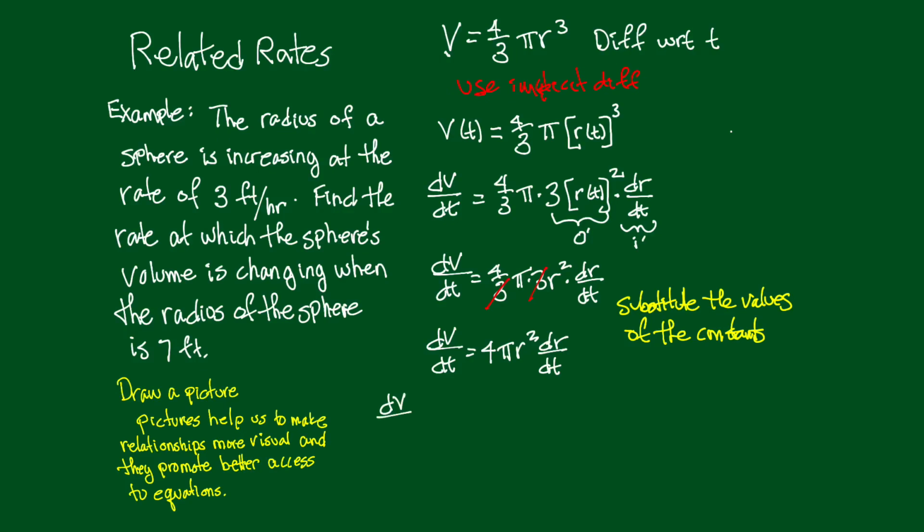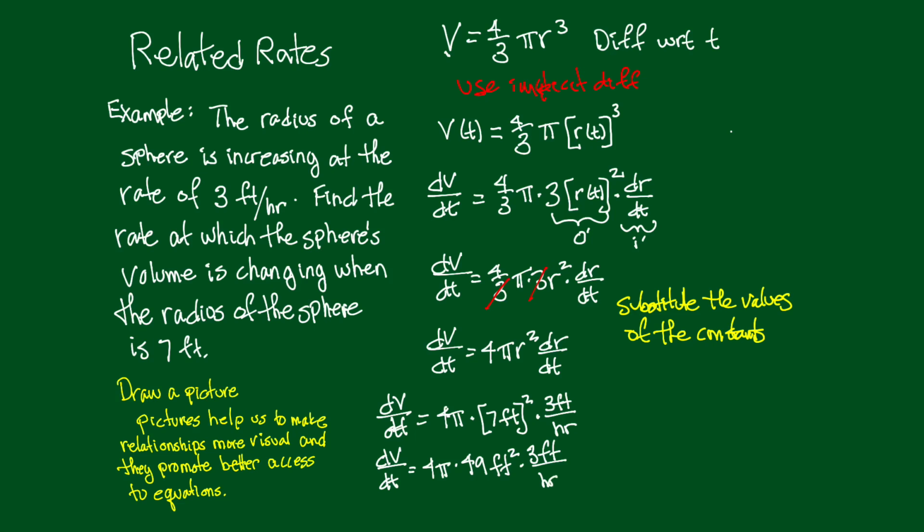So how about dV/dt equals 4 pi times r. Now r is 7 feet, squared, times dr/dt. That's given in the problem as 3 feet per hour. So let's keep going here. dV/dt is going to be 4 pi times 49 square feet times 3 feet per hour.